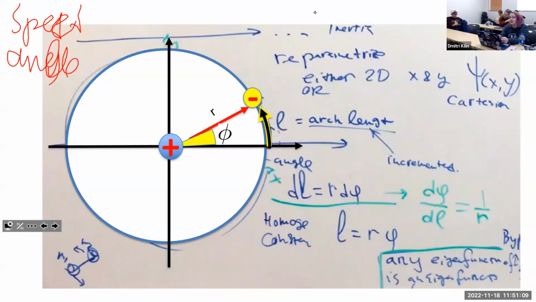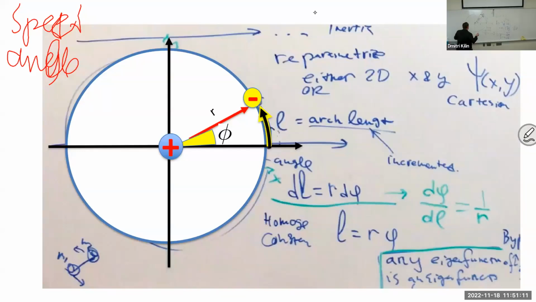P cross R. So if you do have this rotation in the plane, so P cross R vector, and then you have vector L here.